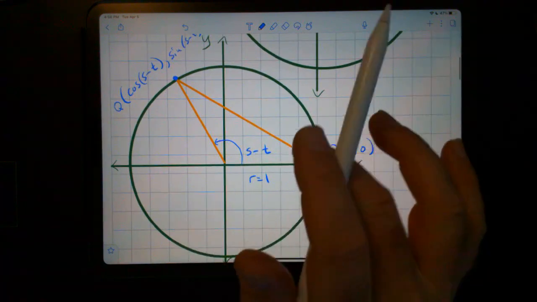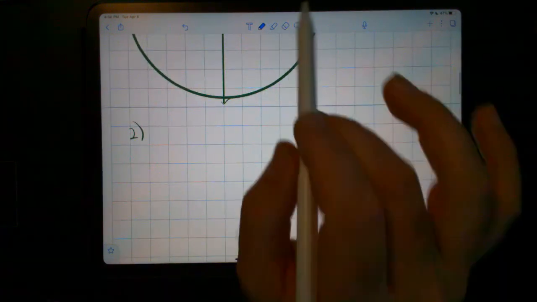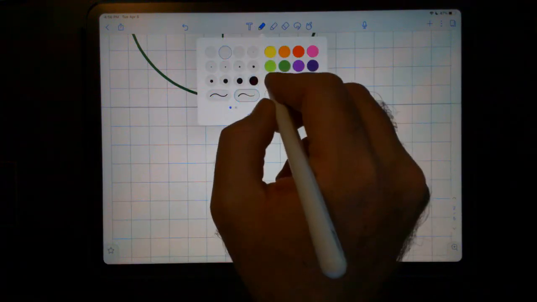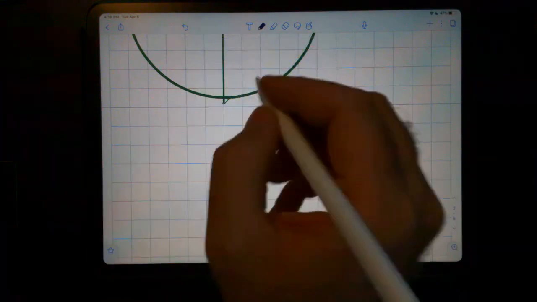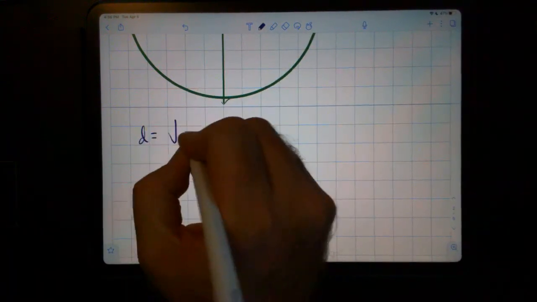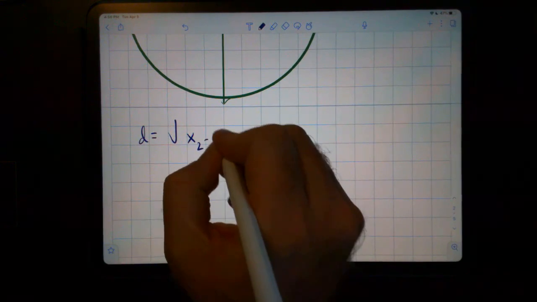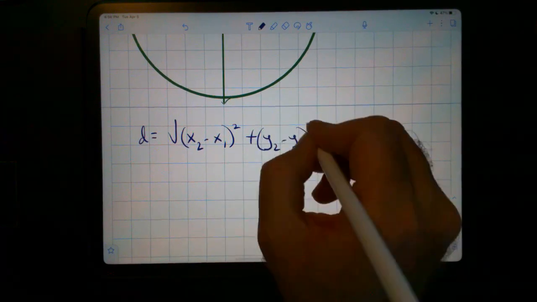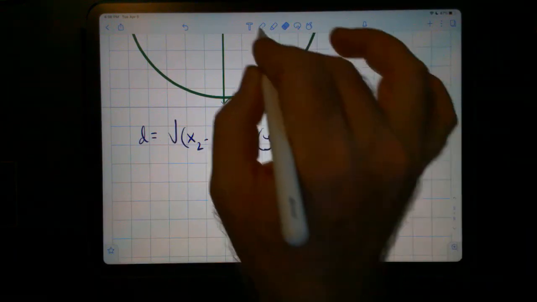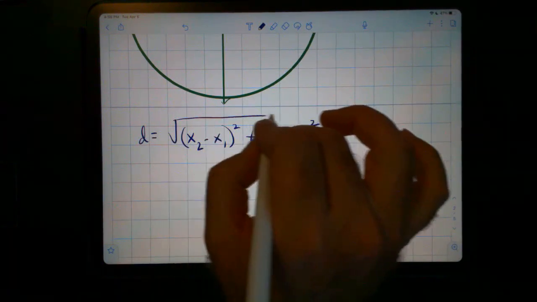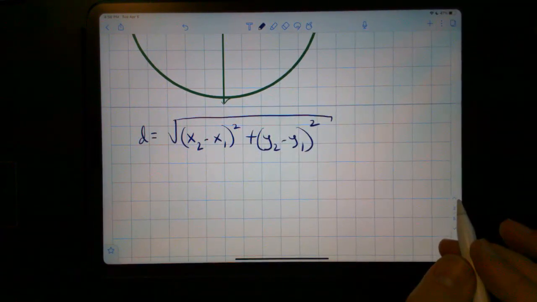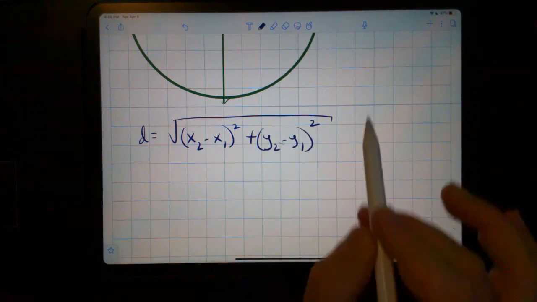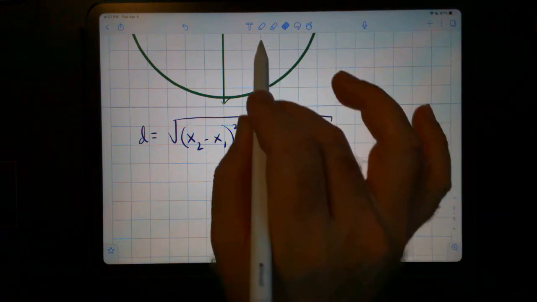Well, your length is going to be the difference of your x values squared plus the difference of your y values squared, all of that being square rooted. So there's your distance formula.